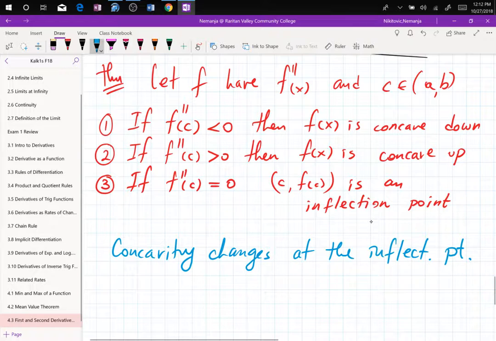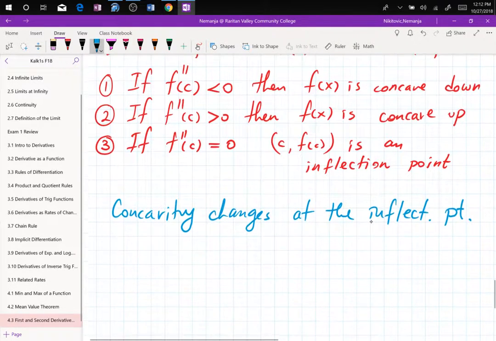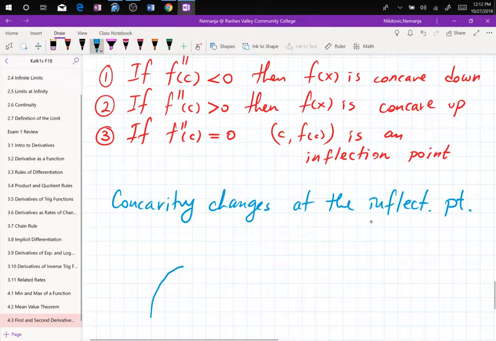Just like your increase-decrease changes at min and max, right? You are going increase, then you reach a maximum, and then you go decrease. So maximum changes increase to decrease. Does that make sense? For the decrease, you hit the minimum and then it changes to increase. So min and max change increase and decrease. Inflection points change concavity.